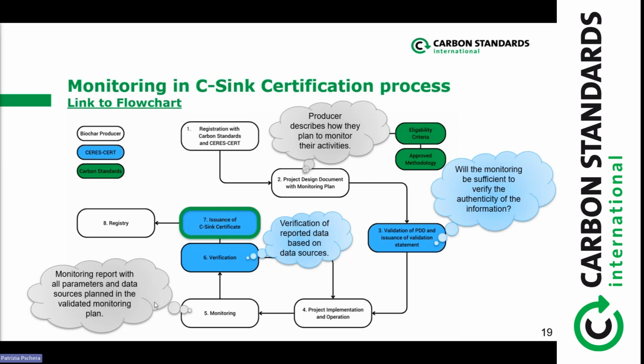The monitoring report is the data in the Biochar tool with all parameters and data sources planned in the validated monitoring plan. So you have the data collected in the Biochar tool, and you have to have the data sources ready for the audit. And then the verification is the step where the VVB Cerescert verifies the reported data based on the data sources.